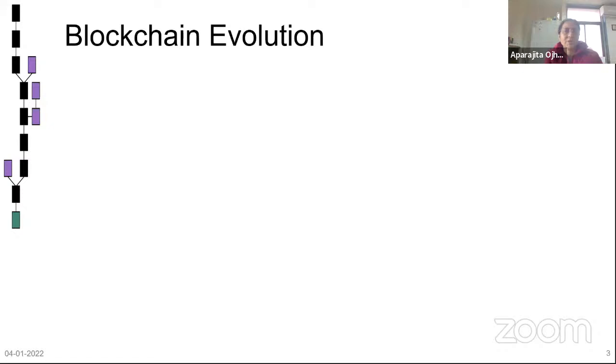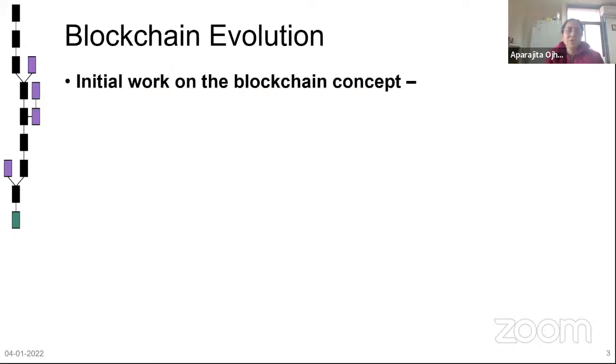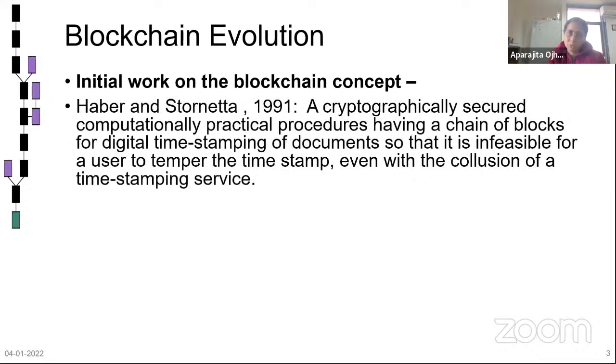We'll be doing Ethereum evolution and blockchain evolution in Ethereum, consensus, and then public, private, and permission blockchains. So, the initial work on the blockchain concept, I hope many of you must have Googled it, goes to Haber and Stornetta.